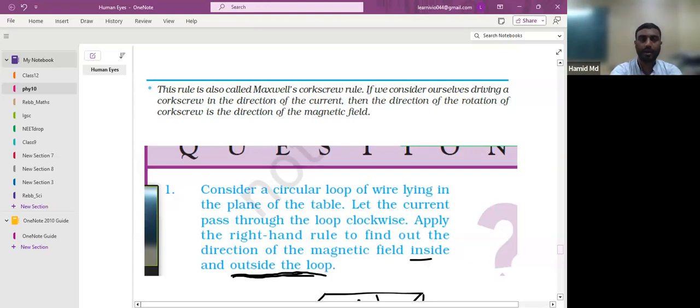That was the compass needle experiment. Do you remember? Yes. Okay. So these two are interrelated.